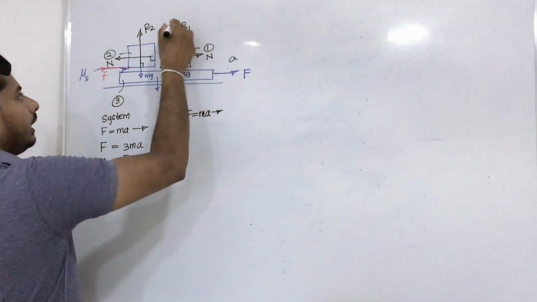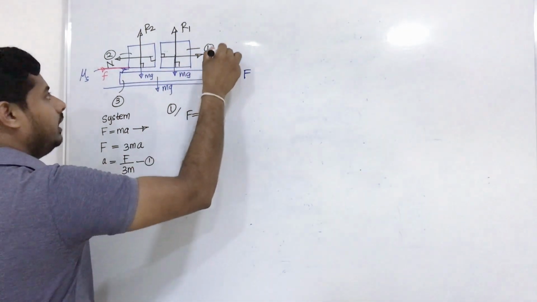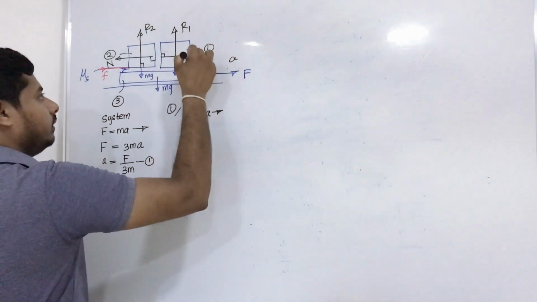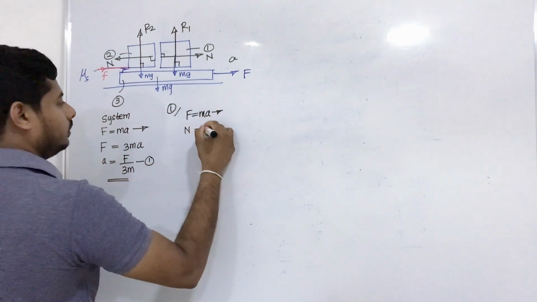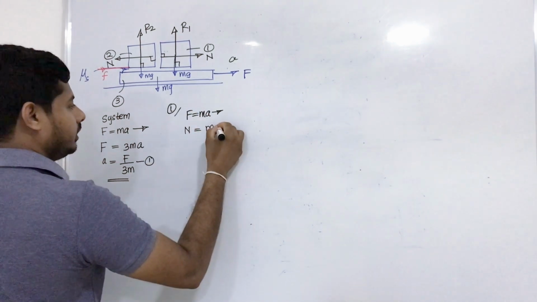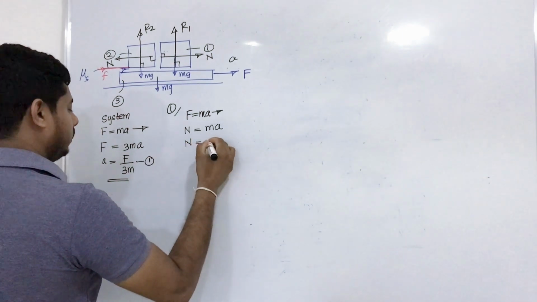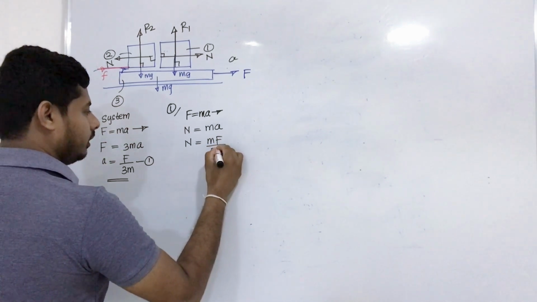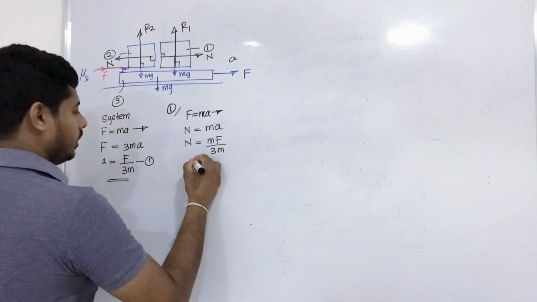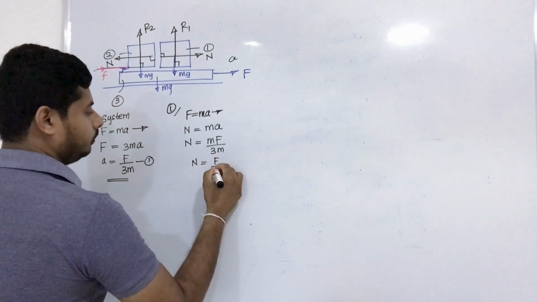Here we have to consider only the first one. If you consider only the first one, the only rightward force is capital N, and the mass is simply m, and the acceleration a. So here you can find N is equal to m times capital F divided by 3m. So here you can get N is equal to F over 3.